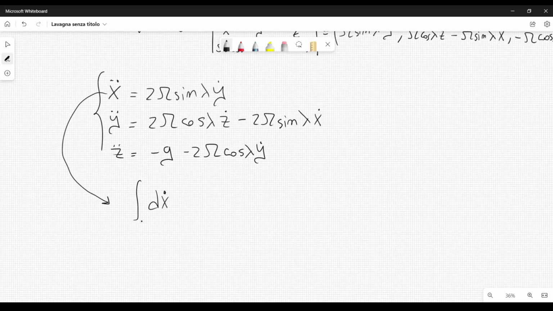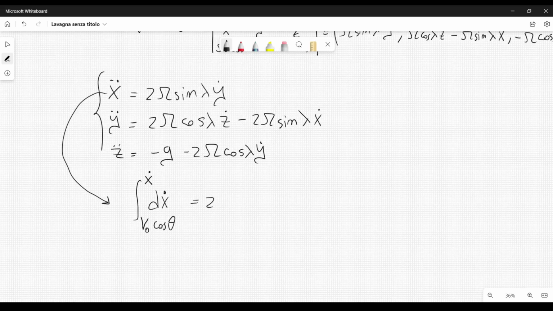And we integrate starting from the initial value of the x component of the velocity, which from the problem statement is v0 cosine theta, all the way up to some generic value x dot, the value that the x component of the velocity takes at a generic instant of time t.